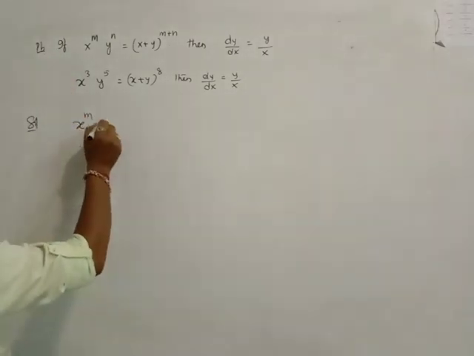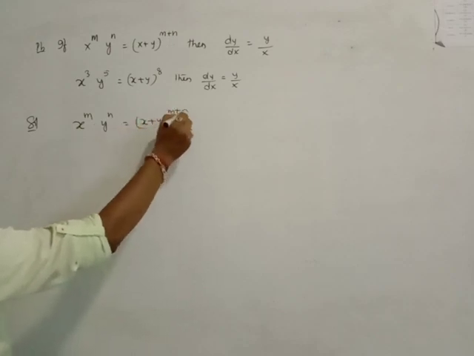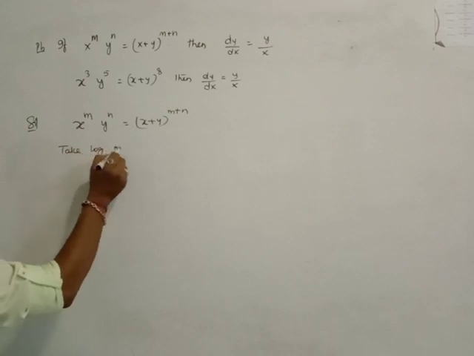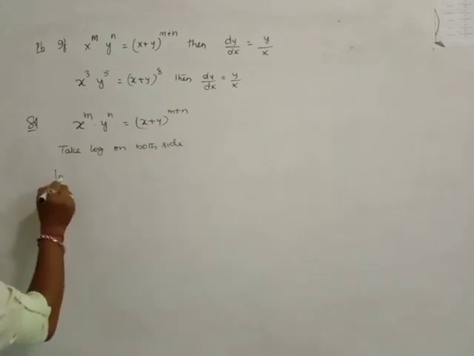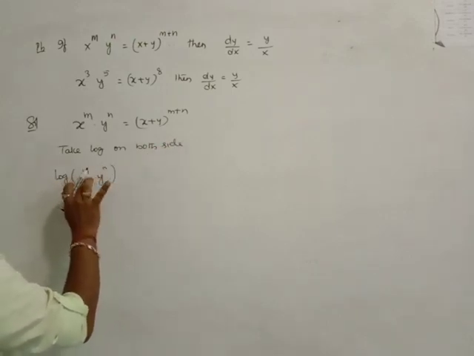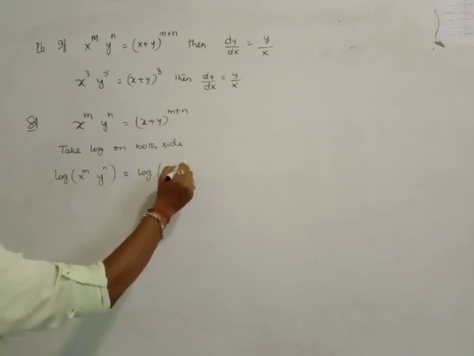x power of m into y power of n is equal to (x plus y) whole power of m plus n. This is also a power function. Take log of both sides. Log of x power of m into y power of n is equal to log of (x plus y) whole power of m plus n.